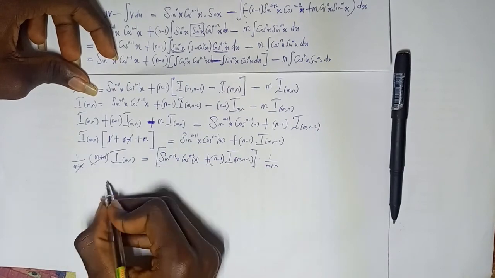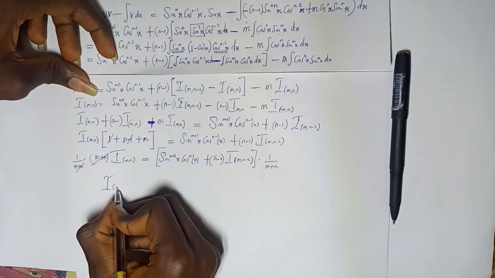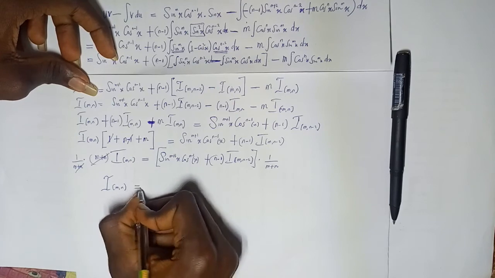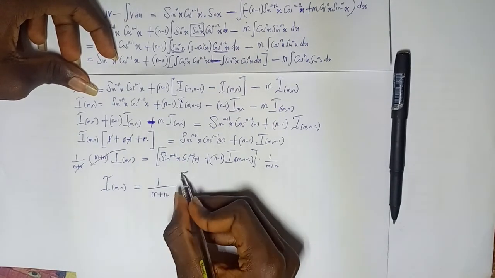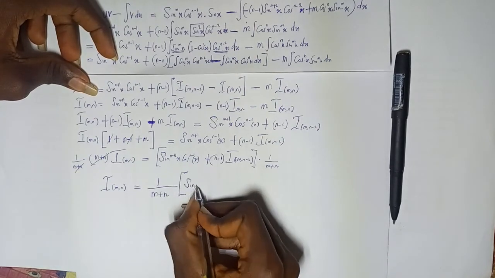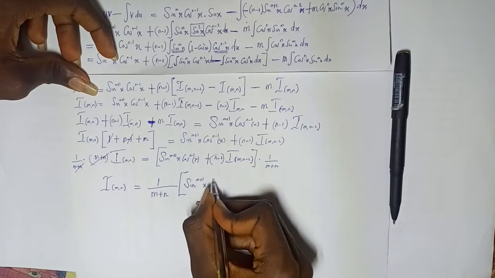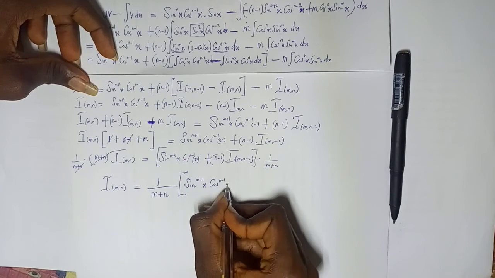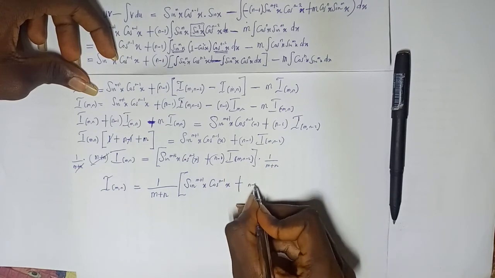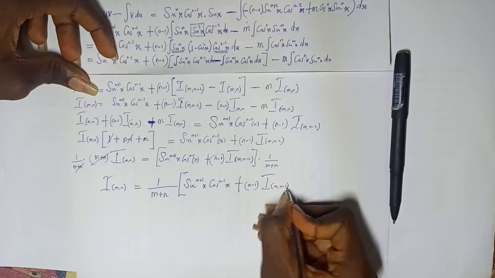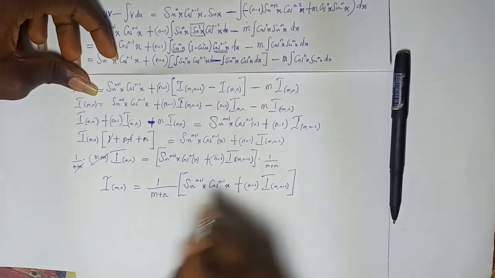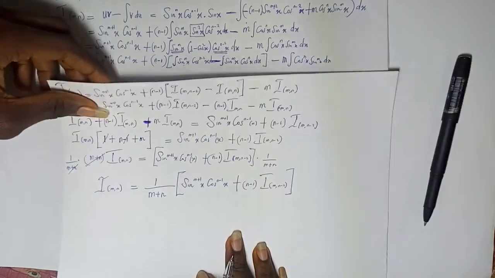This cancels this. Hence, the final answer of I of m comma n remains as 1 over m plus n with sine of n plus 1 of x cos n minus 1 of x with this of I of m, n minus 2. And this gives the final answer to what you're actually trying to look for.